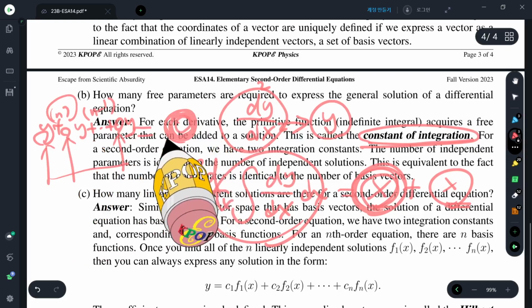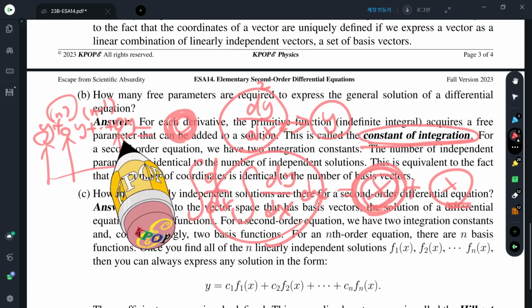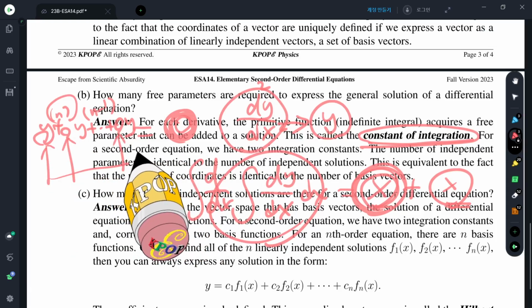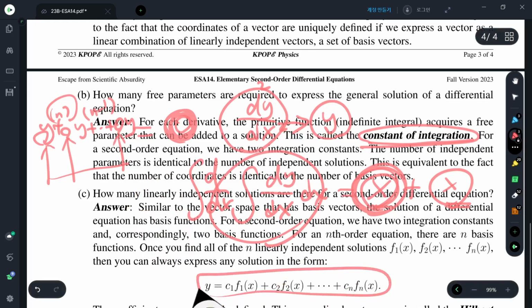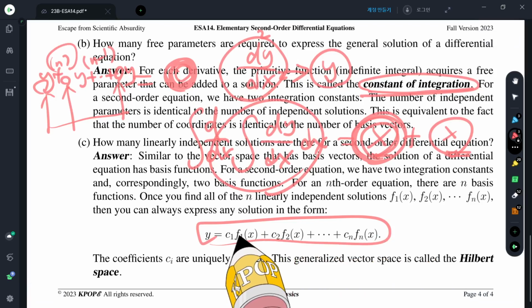This is a homogeneous equation. The solution of the nth order homogeneous linear differential equation has n basis functions. If you are able to find n basis functions, their linear combination is the general solution, and there is no other solution that cannot be expressed in terms of these.